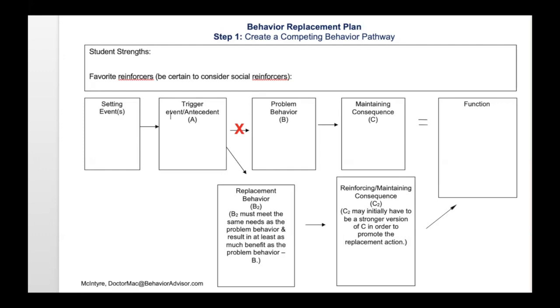We want a new behavior to surface at the presentation of the antecedent. You will identify that replacement behavior that meets the same function or need, and then how you're going to go about reinforcing it so that the replacement behavior takes over for the misbehavior.